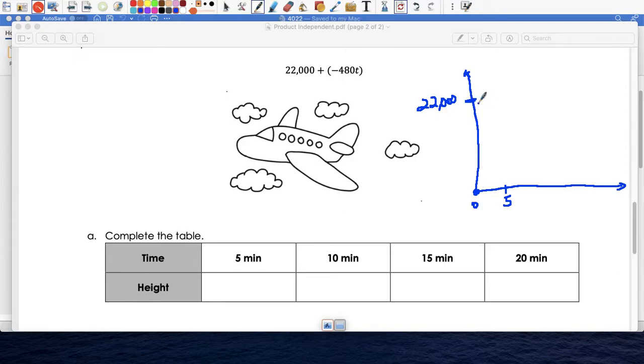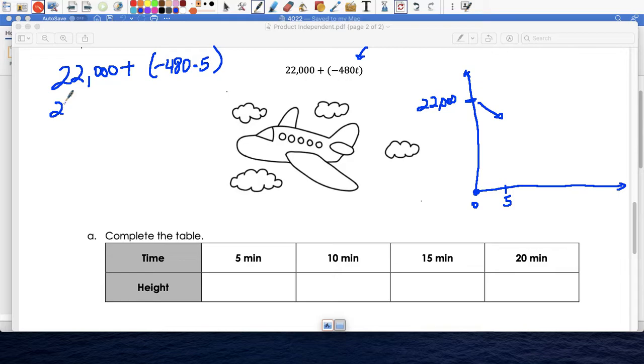Well, it's going to be a little bit further down. It looks like every minute it's losing 480 feet. So if we do 22,000 plus negative 480 times 5, we're going to find out where the airplane is after 5 minutes.